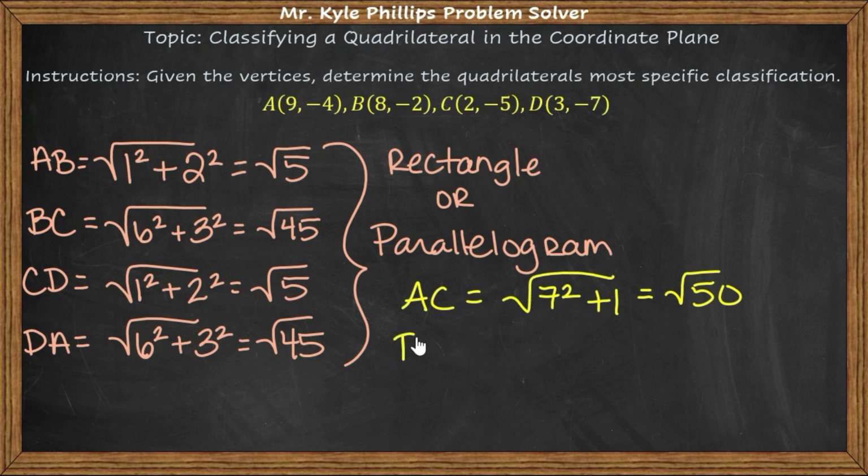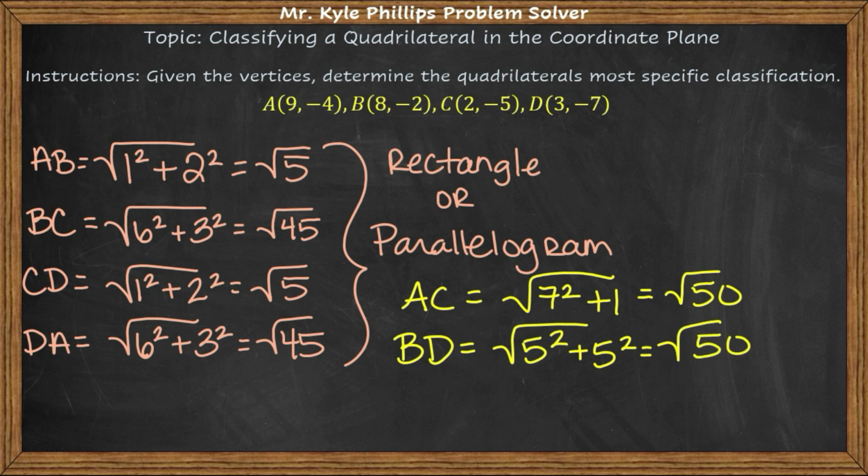So here we have the distance from B to D. 8 to 3 is 5, and -2 to -7 is also 5. So here we have the square root of 50. So our classification is going to be that this is a rectangle.